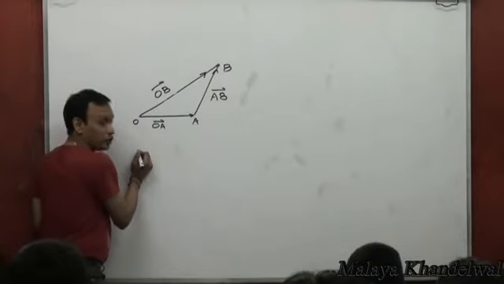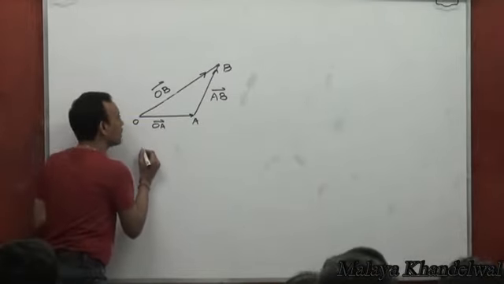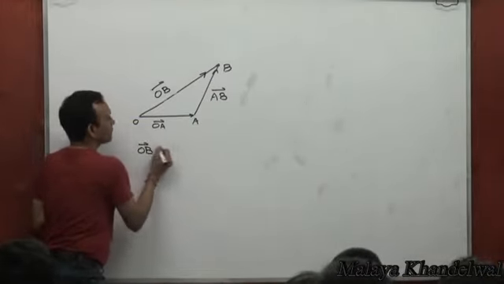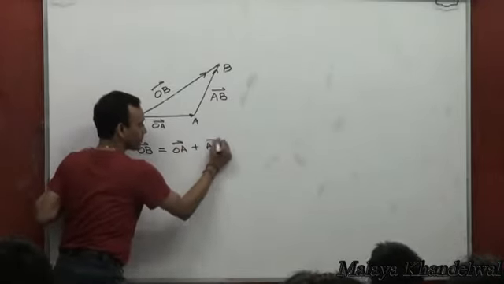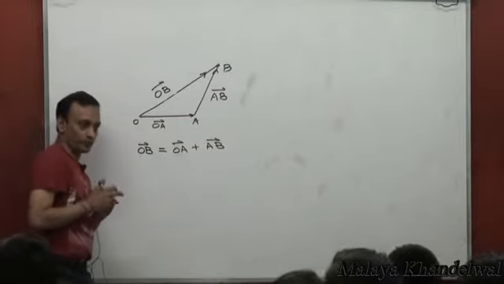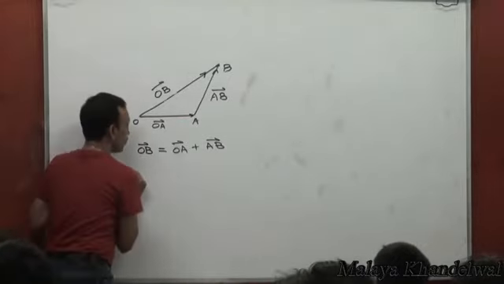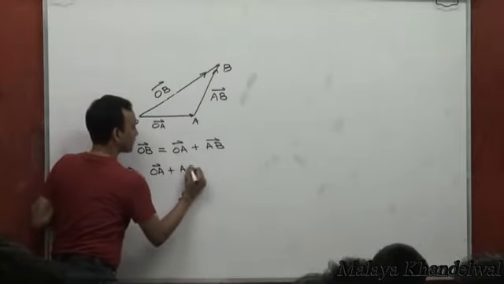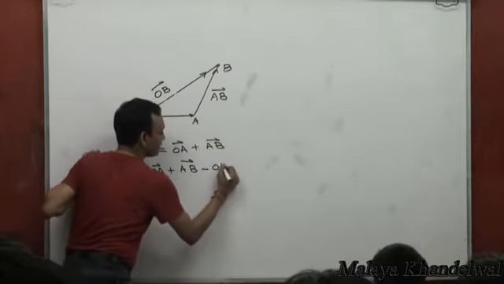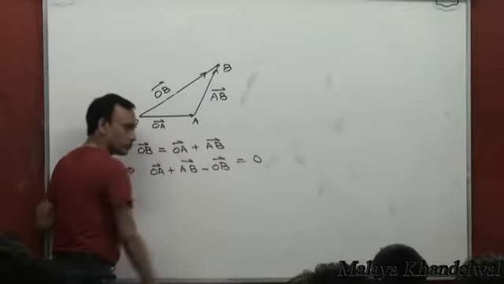Then from the triangle law of vectors, what have I got? OB must be the resultant of OA plus AB. Yes or no? Or OA plus AB minus OB must be 0.